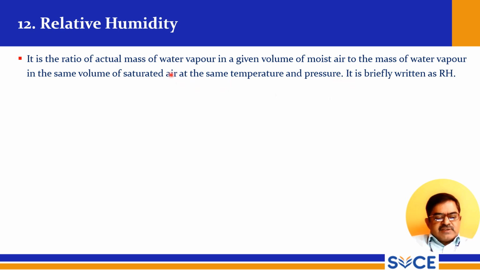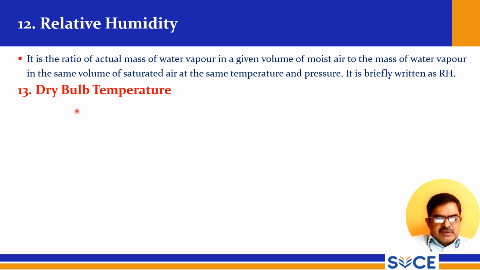So it is the ratio of the volume of water vapor in moist air to the volume in saturated air at the same temperature and pressure. That is the relative humidity, briefly written as RH, capital letters RH.